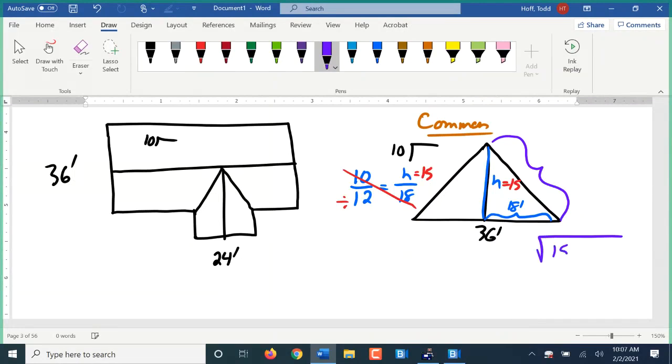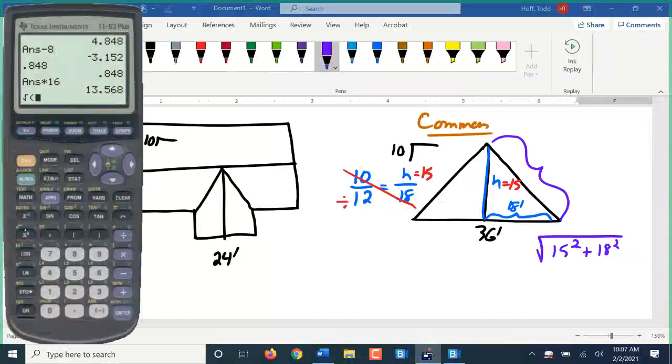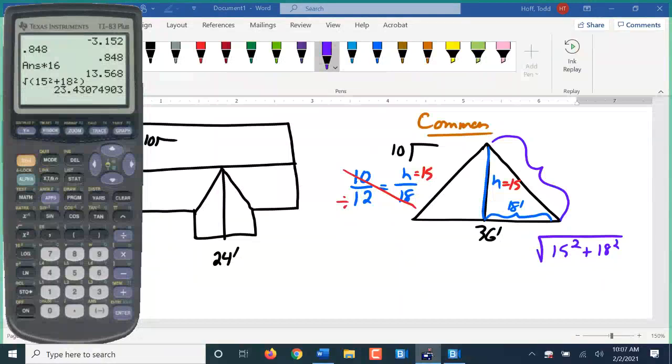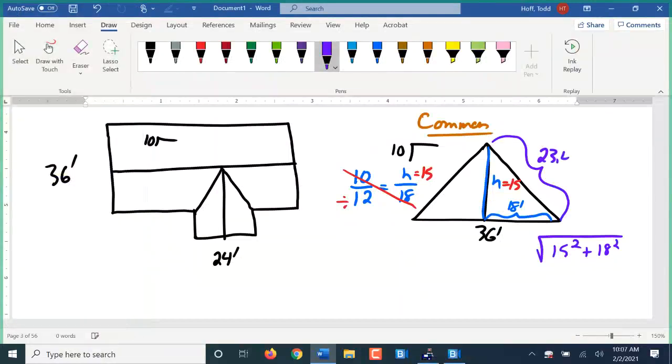That'll be the square root of 15 squared, the height squared, plus the run squared, the 18 squared, giving us 23.431 feet. That is this length right here.